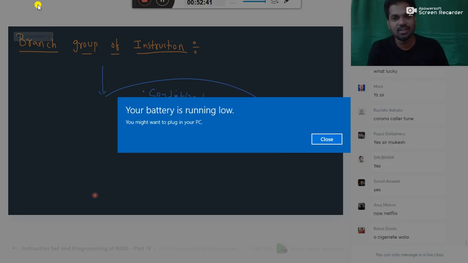Let's start. So, the branch group of instructions.